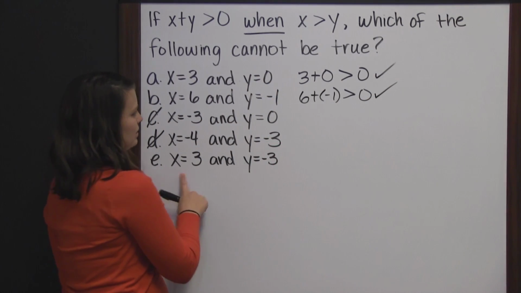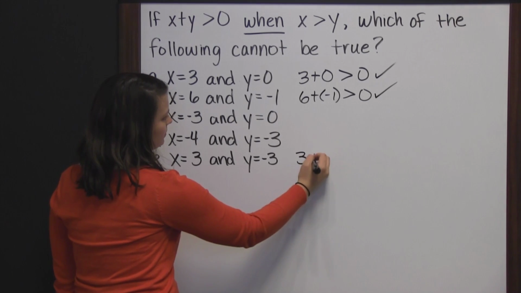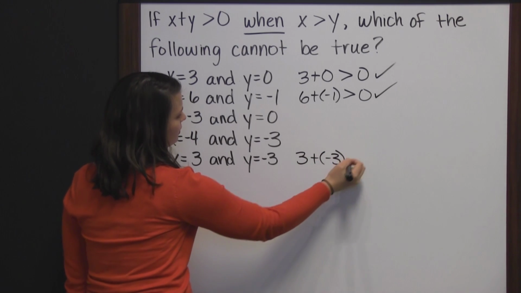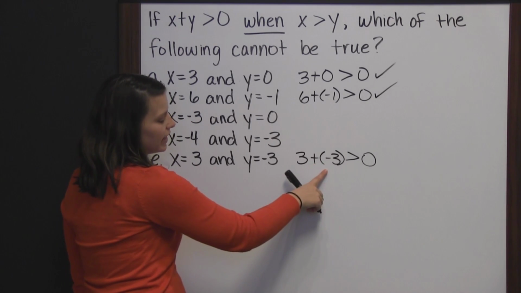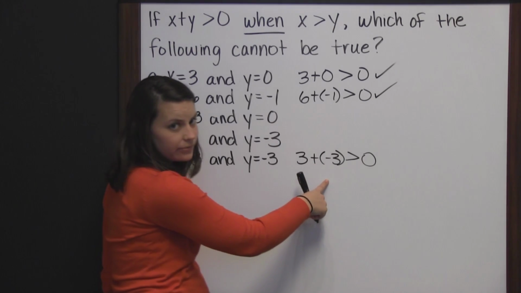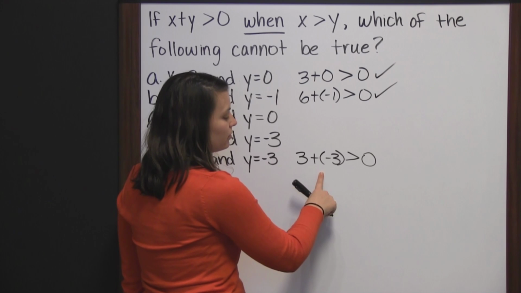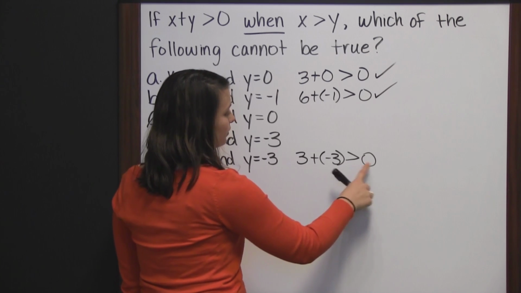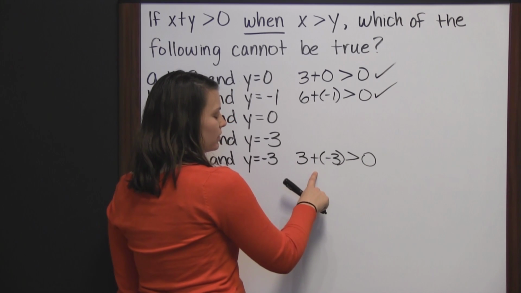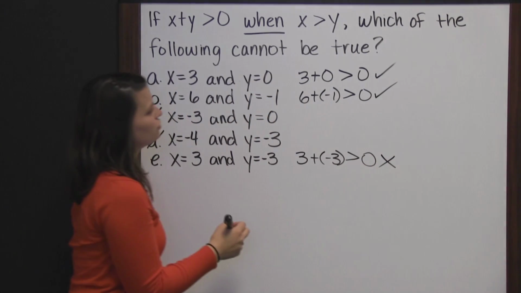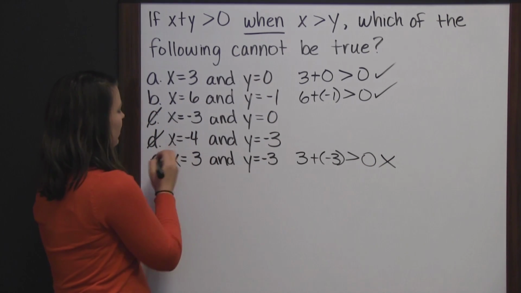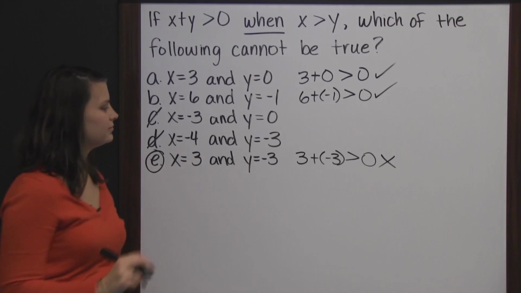And finally, E, 3 plus negative 3 is greater than 0. 3 plus negative 3 is 0. But 0 is not greater than 0. 0 is simply equal to 0. So this one is not true. So we found our answer, E.